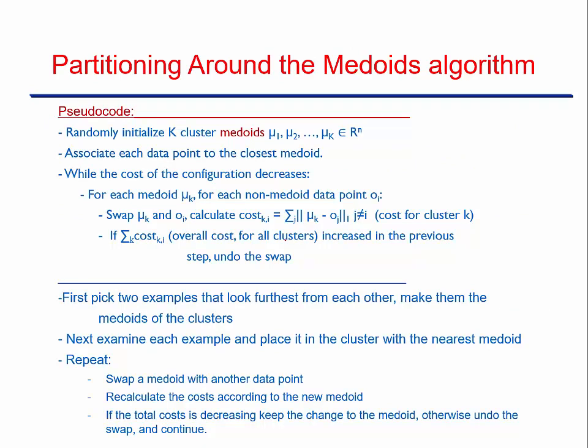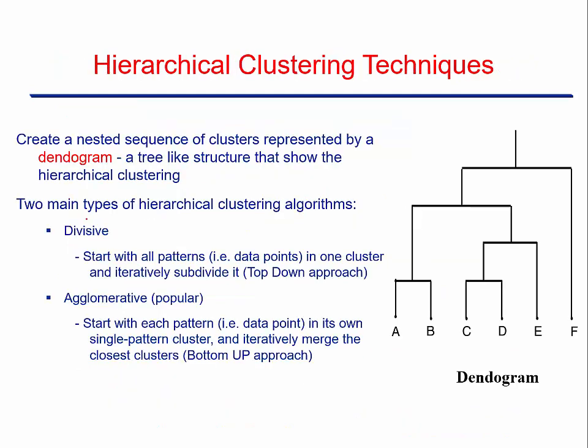The basic idea of the partitioning around medoid algorithm is similar to k-means. The difference lies in the step of updating the medoids after assigning each point to the cluster. So the difference lies here, and we will not go into the details, but the basic idea is very similar.